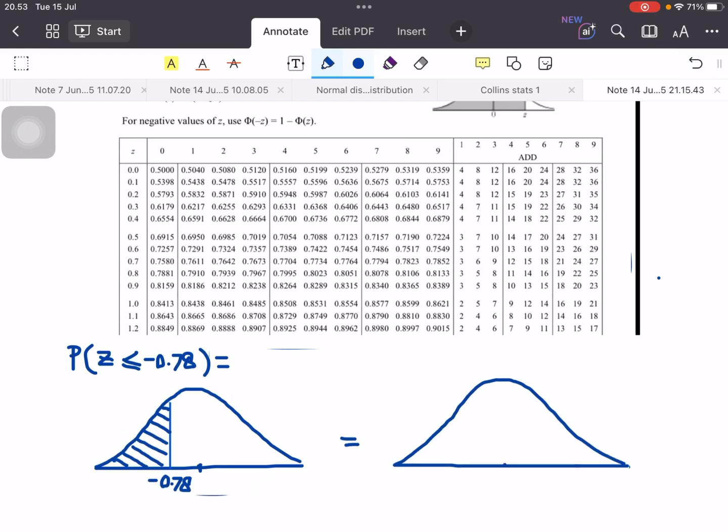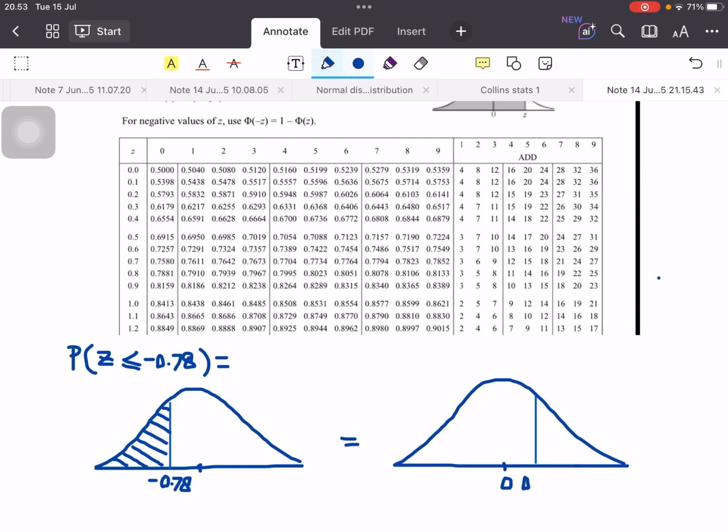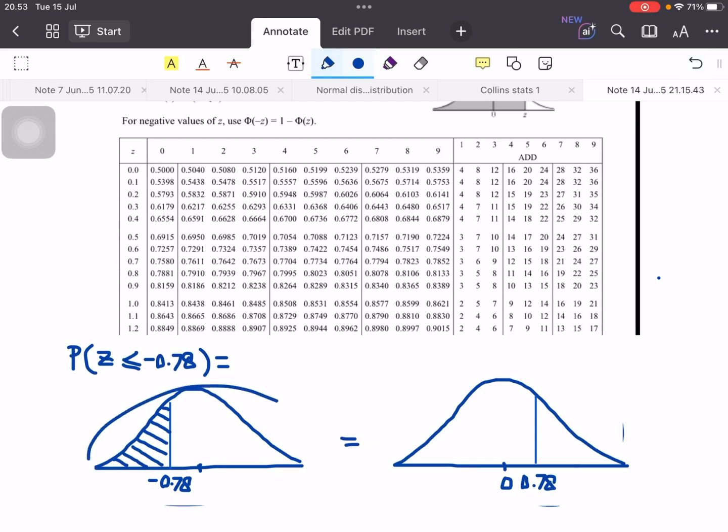If we flip the diagram, this is 0 in the middle. This one is 0.78 because it's on the right of 0. But since they are symmetrical, we can say that the area shaded here is the same as this one.